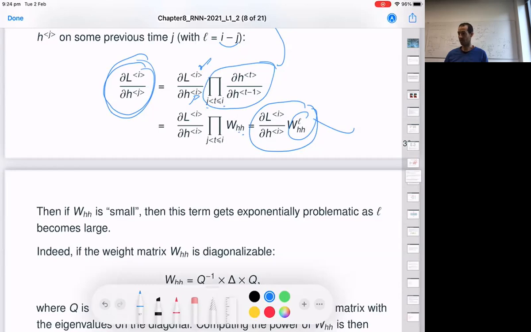Remember, l is the time lag between two long time steps. So if l is far away, is big, huge, I bet WHH to the power l will be very, very small.